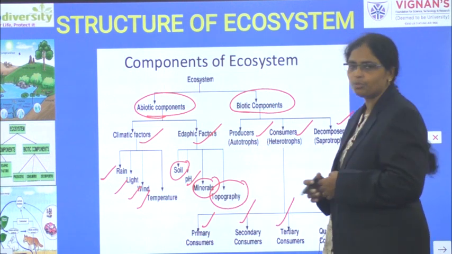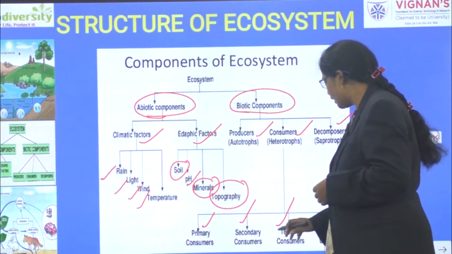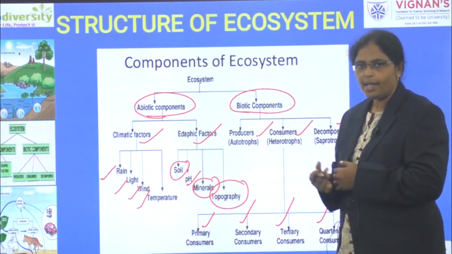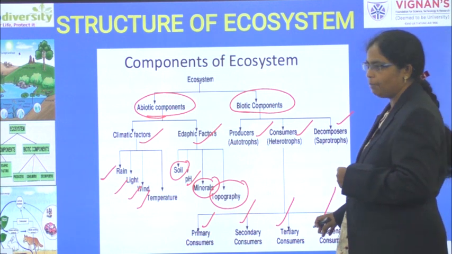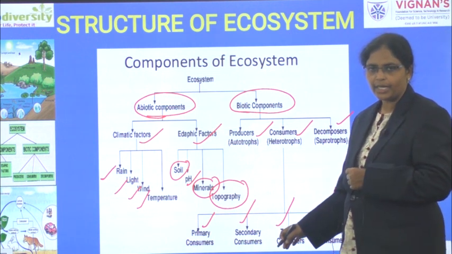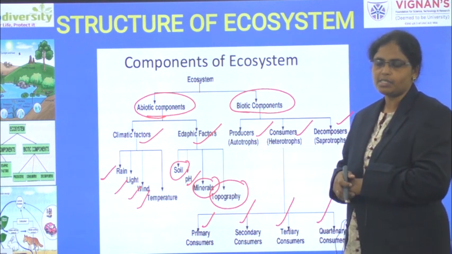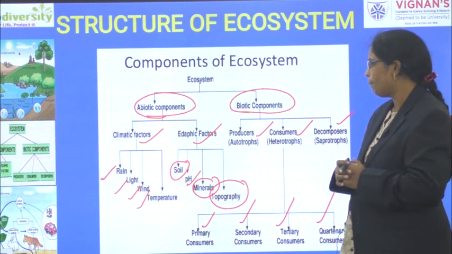Then tertiary consumers, these are the large or bigger animals, they depend on the secondary consumers. And quaternary consumers, this is the higher or upper level, where these animals depend on the tertiary category, but they are not eaten by any animal. Such a category comes under the quaternary category, that is the upper level.